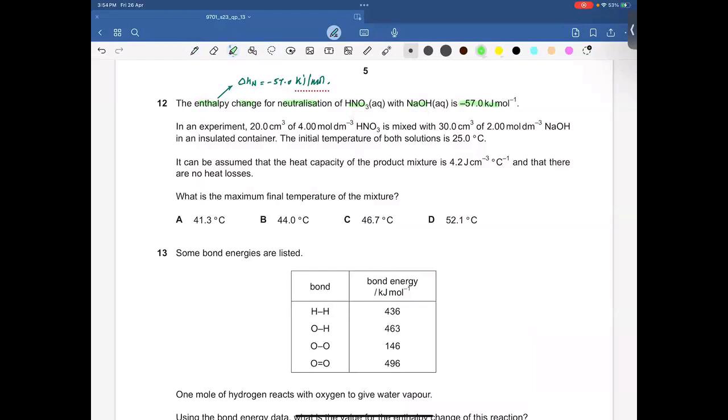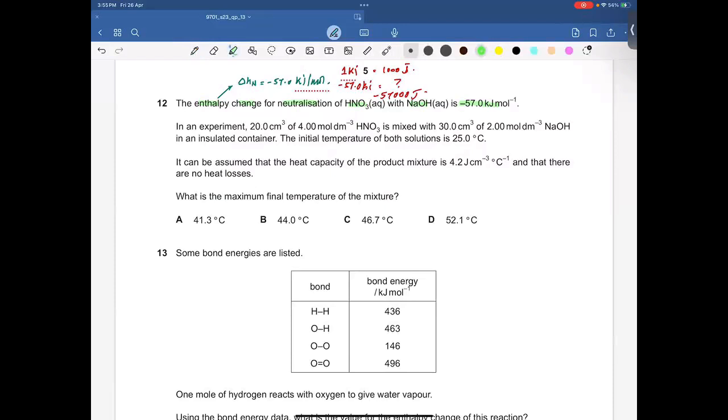All right. Well, we have 1 kilojoule equals to 1000 joule. So when we have minus 57.0 kilojoule, it's going to be how much? 57 times 1000 is going to be minus 57,000 joules, right?